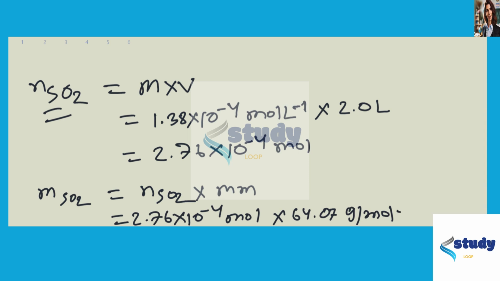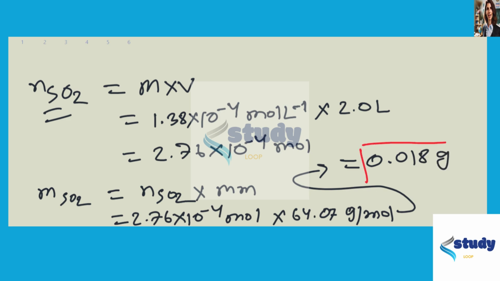And from here we can get the value of mass of sulfur dioxide, which is 0.018 gram. So this is the mass of sulfur dioxide in the equilibrium for this reaction.